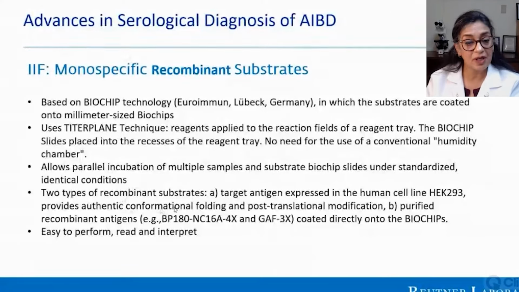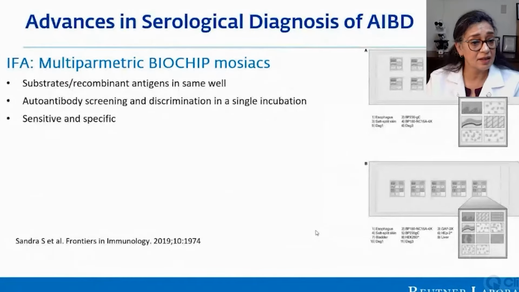And two types of recombinant substrates have been used in this IFA: target antigens expressed in human cell lines and purified recombinant antigens, which are coded directly onto the biochips. This test is easy to perform, and it has high sensitivity and specificity compared to the conventional methods for pemphigus and pemphigoid.